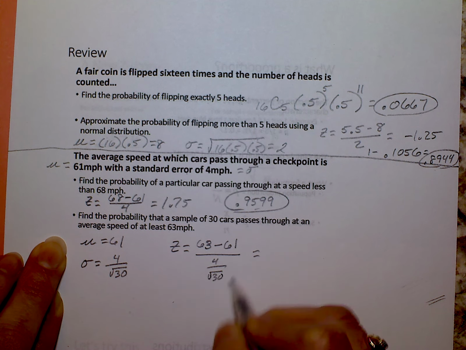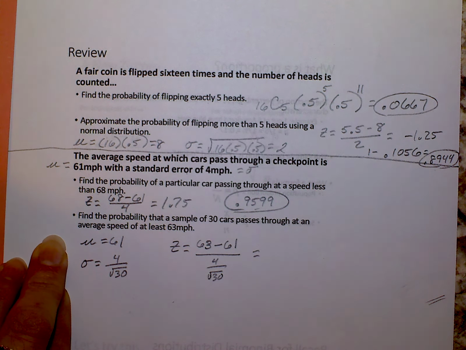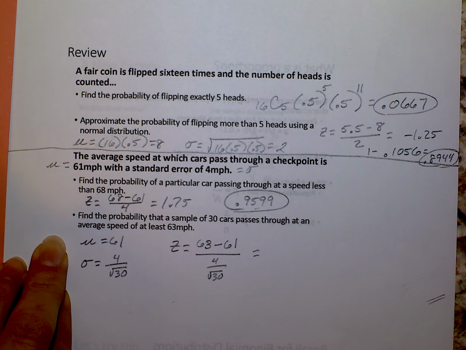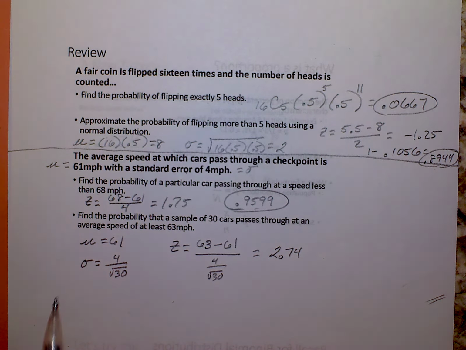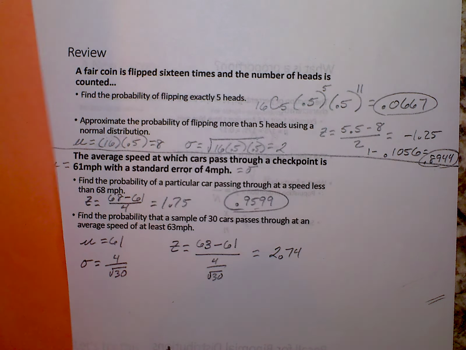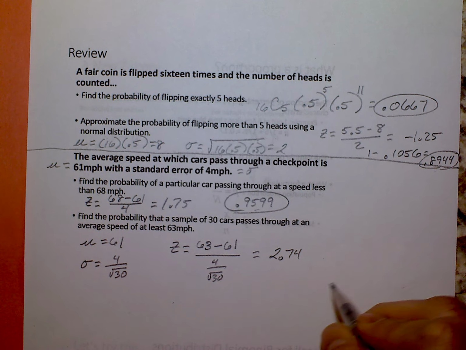You have to change sigma every time you do a sample. That word sample is what inspired this. That gives me 2.74. I'll grab my table. 2.74 is at 0.9969.